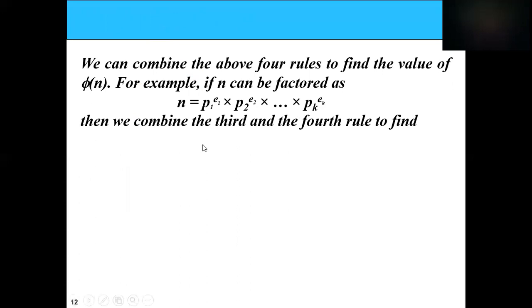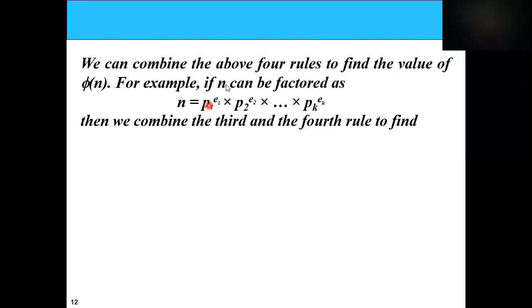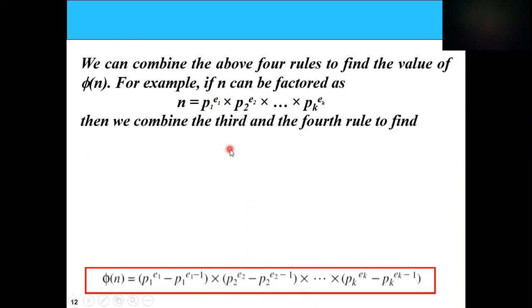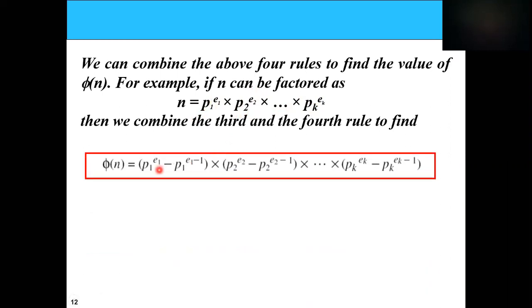If any number can be written as a product of powers of primes, that is n equals p1 to the power e1 times p2 to the power e2 up to pk to the power ek, then phi of n is the product of p1 to the power e1 minus p1 to the power e1 minus 1, and so on.